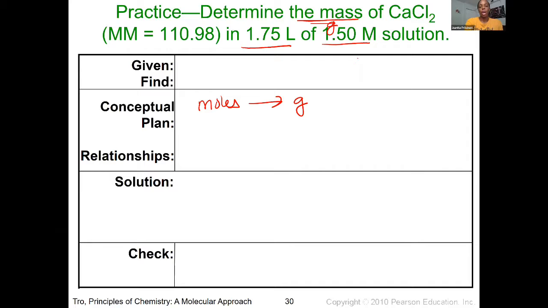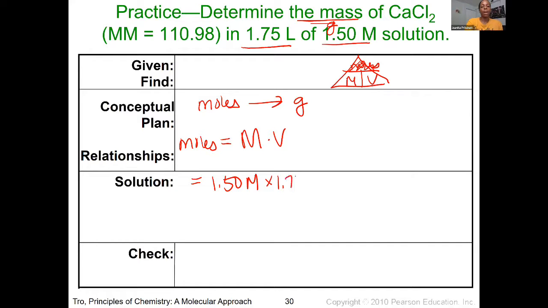Going back to our triangle, molarity, moles, and volume. Now we're going to cover up the moles to get our equation. So moles equals molarity times, and that should be capital M, times volume. So that would be equal to 1.50 molarity times 1.75 liters.